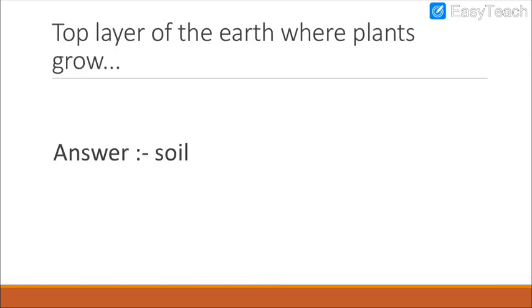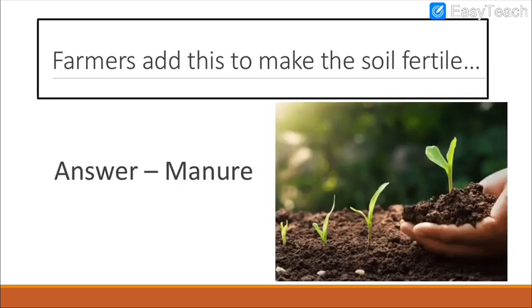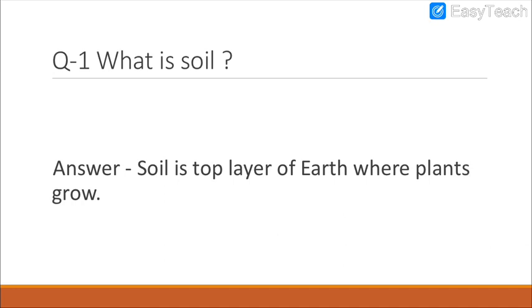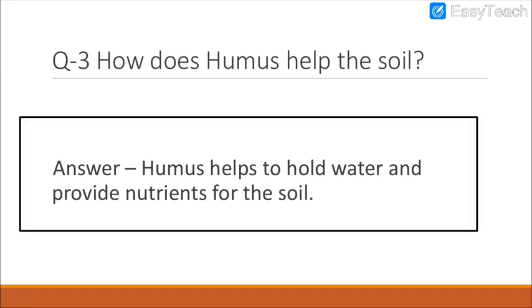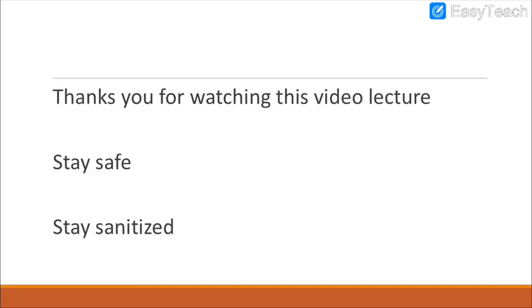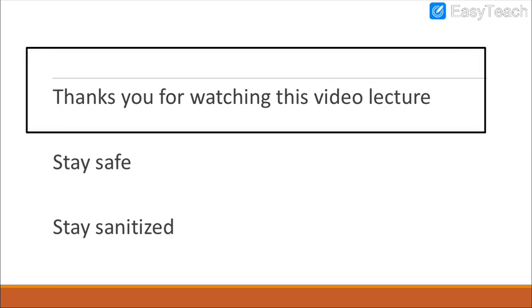And then one word answers we solved. We just had to give the answer in one word. Okay, then after moving on, we solved question answers. There were 5 question answers, some of which were related to the 2 words answers, 2 examples, and 1 word answers also.